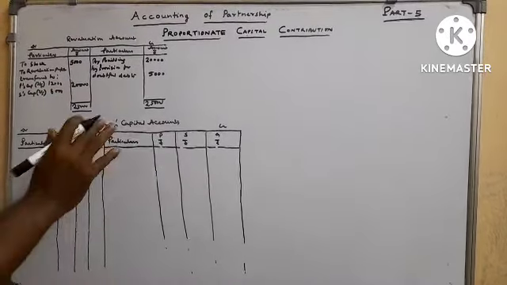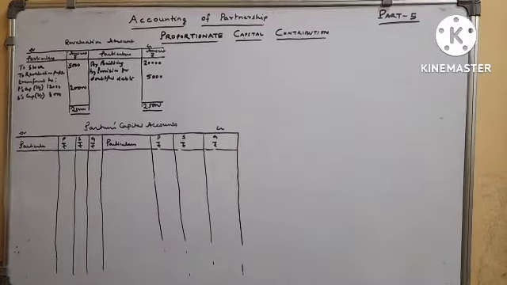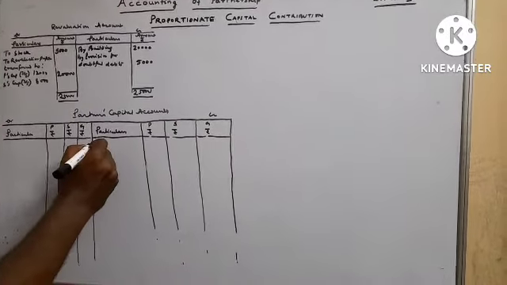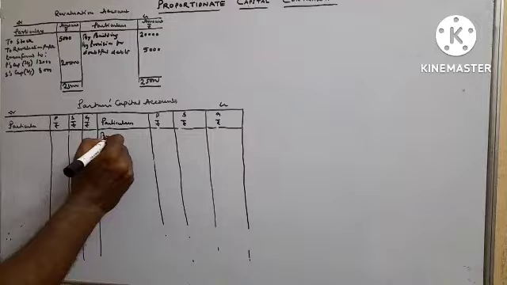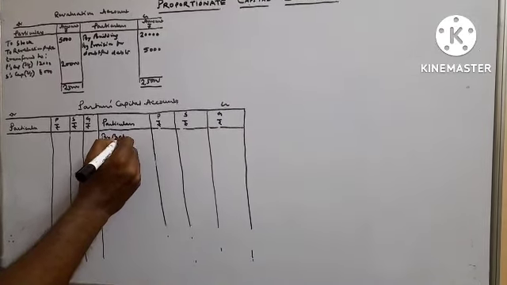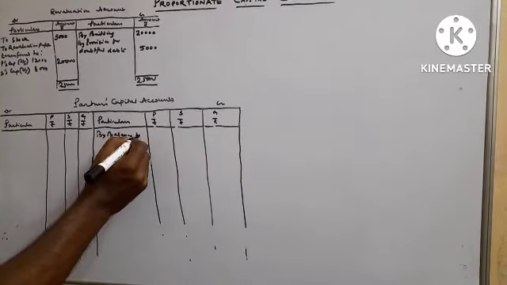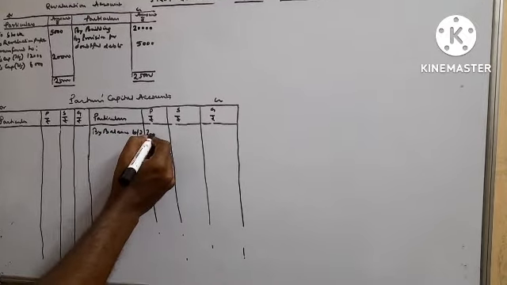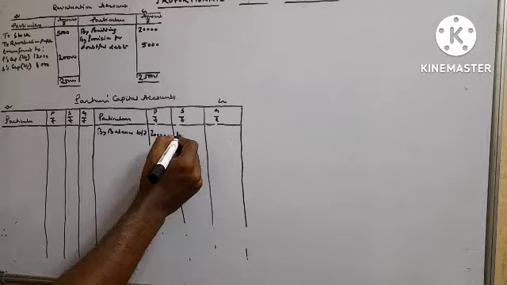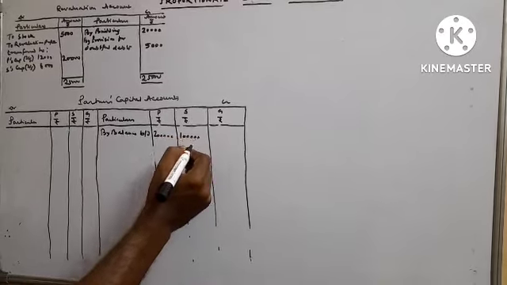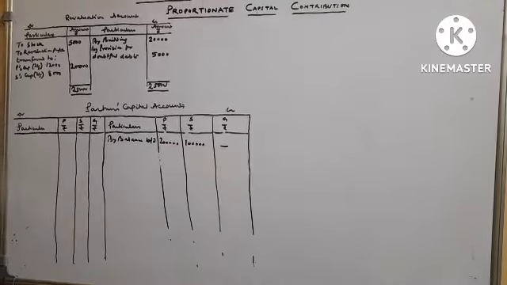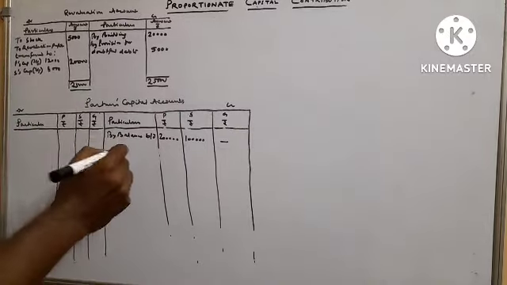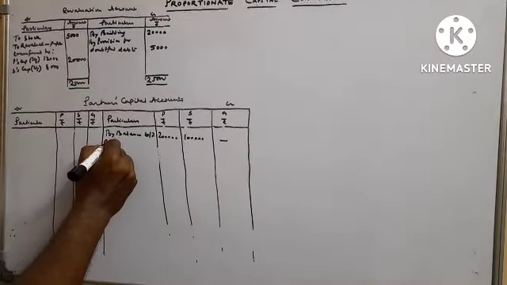We should proceed with partners capital account. Partners capital how much given in question? P's capital given 2 lakh and S's capital given 1 lakh. Now revaluation profit will be transferred to partners capital account.